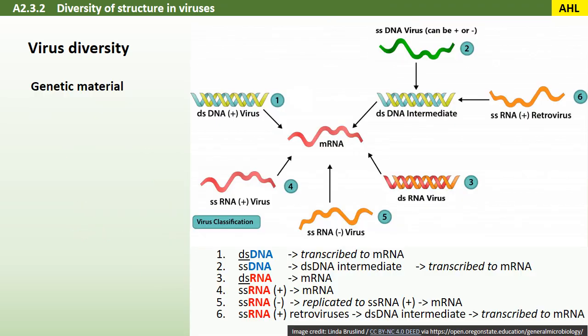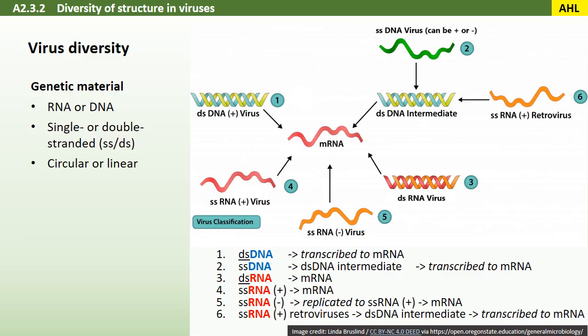Viruses use RNA or DNA as their genetic material, but their genetic diversity does not end there. The genetic material can be single or double-stranded, SS or DS, and it can be circular or linear. This illustration shows some details that are not required for the IB, but that can nevertheless be useful. Number 1.